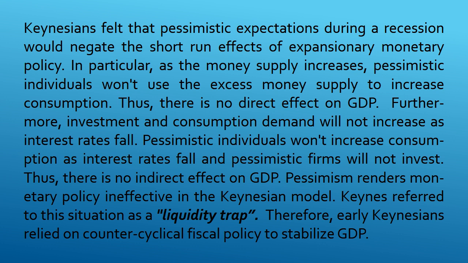Pessimistic individuals won't increase consumption as interest rates fall, and pessimistic firms will not invest. Thus, there is no indirect effect on GDP. Pessimism renders monetary policy ineffective in the Keynesian model. Keynes referred to this situation as a liquidity trap. Therefore, early Keynesians relied on counter-cyclical fiscal policy to stabilize GDP.